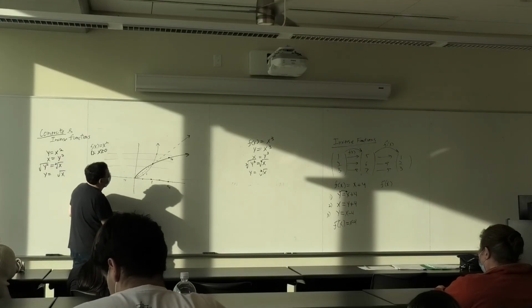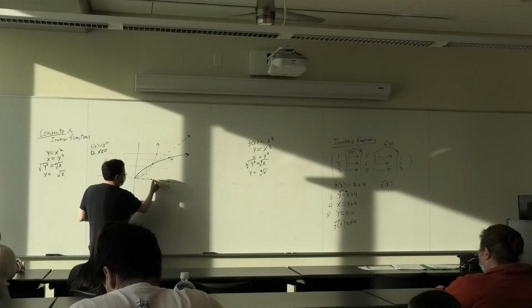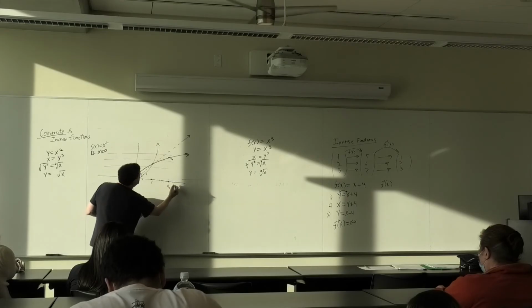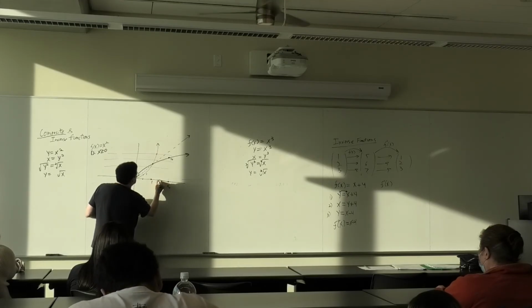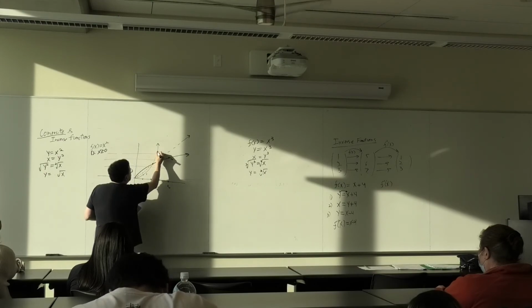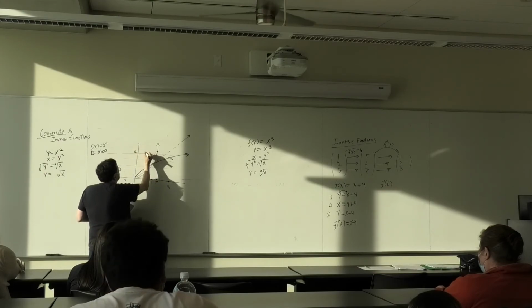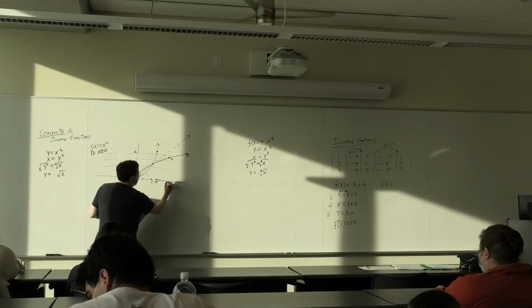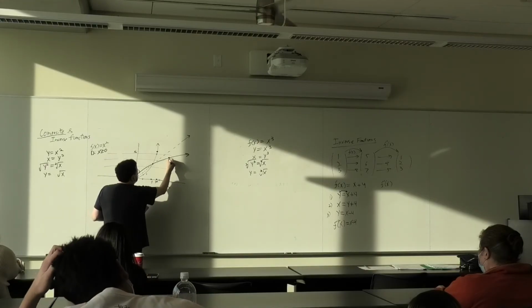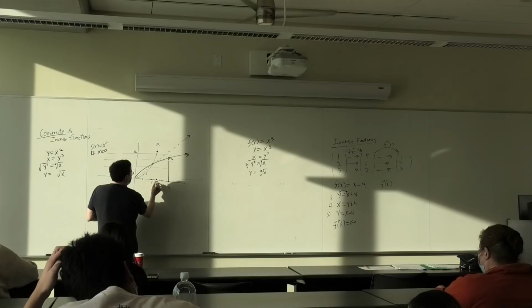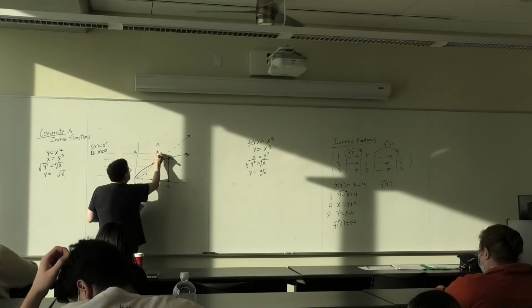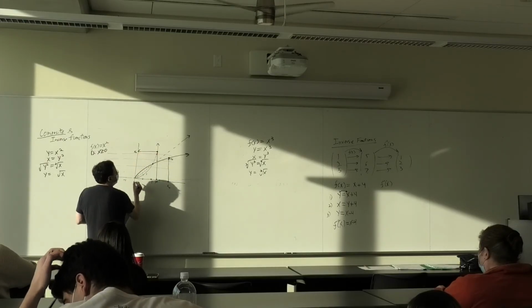If we then graph that y0, wherever that is, say, over here somewhere, and we find out where it is on the inverse function, it's going to go to x0. In other words, the function takes us to here, and then if we go from here to the inverse function, it takes us back where we came from.